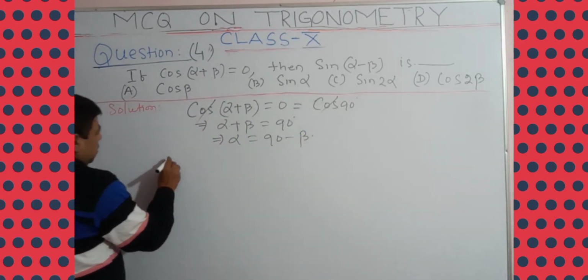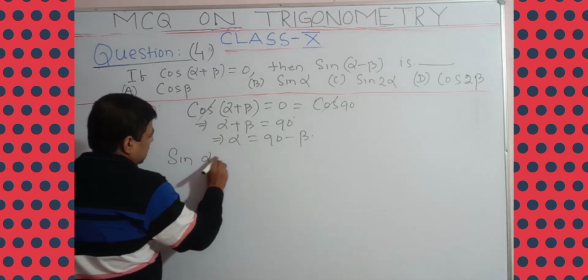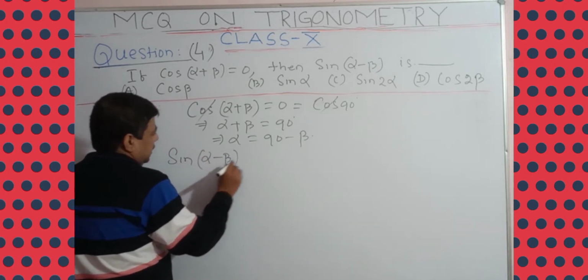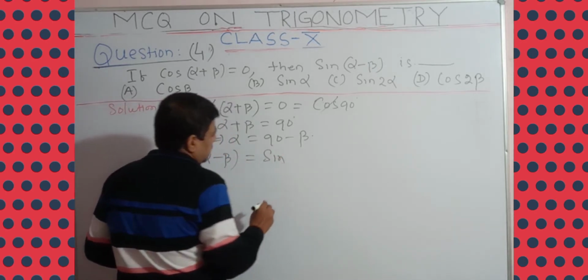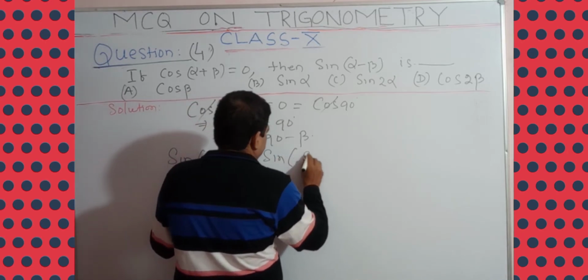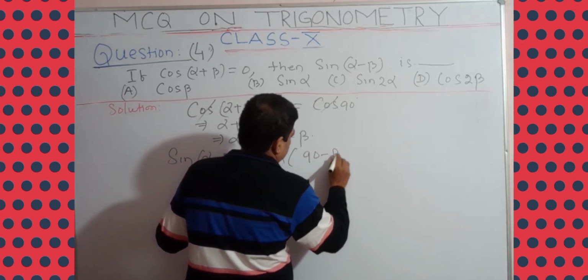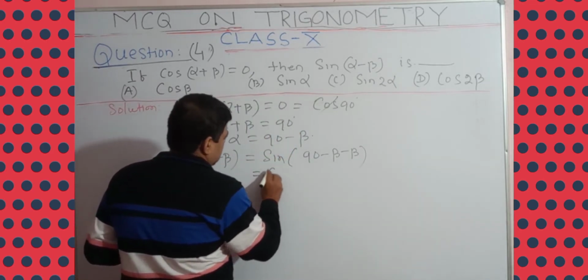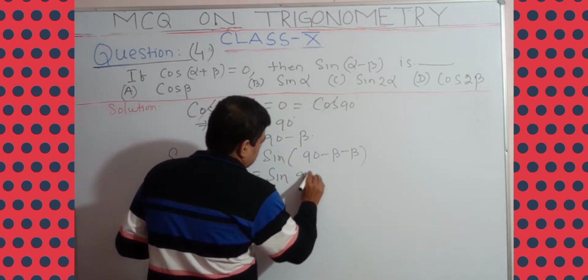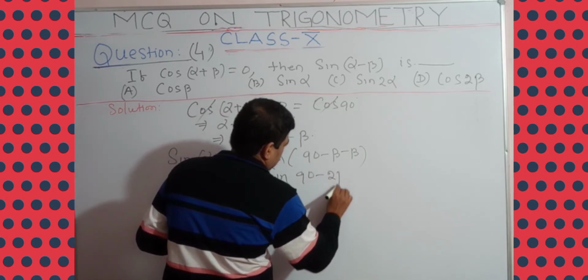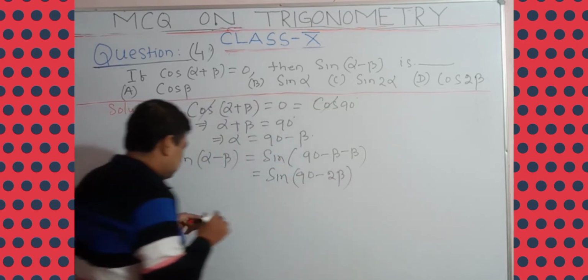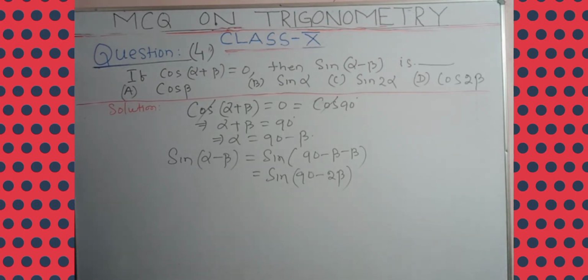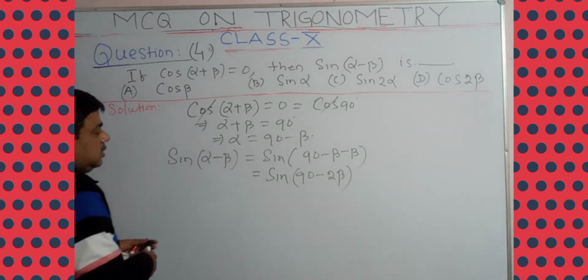Understand? Now you write sin alpha minus beta. Okay. So in place of alpha you can write 90 minus beta. Okay. And that is sin 90 minus 2 beta. And you know sin 90 minus theta, what?